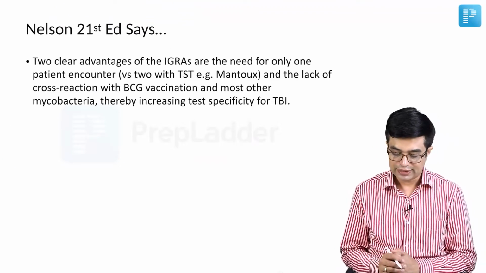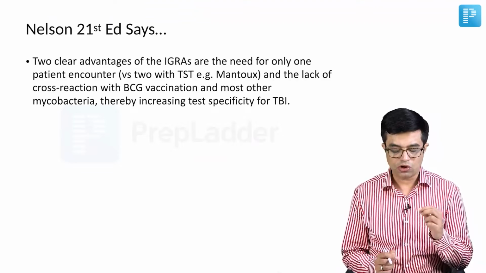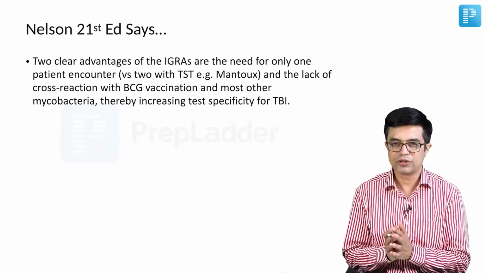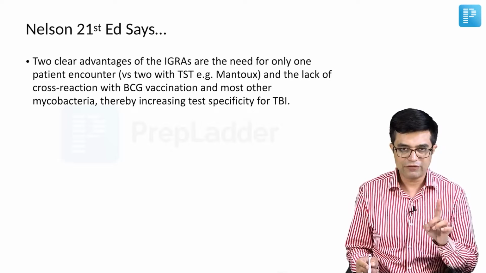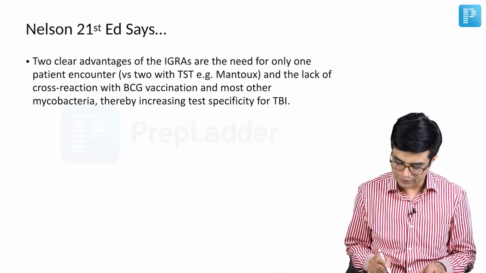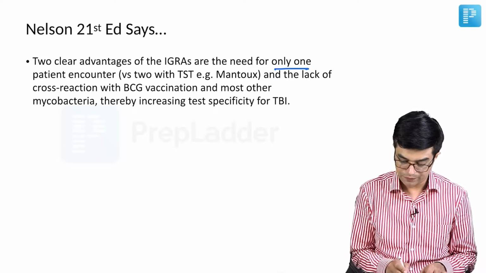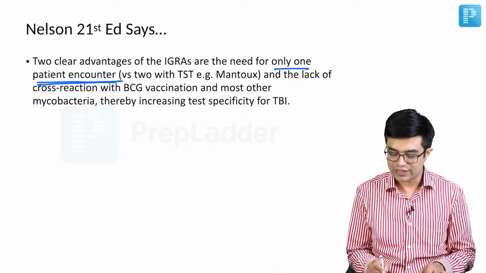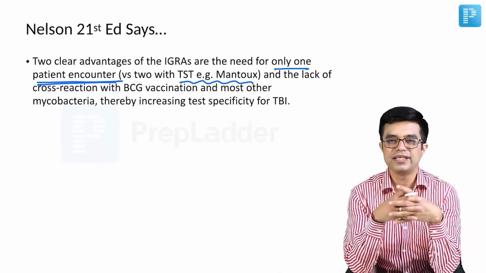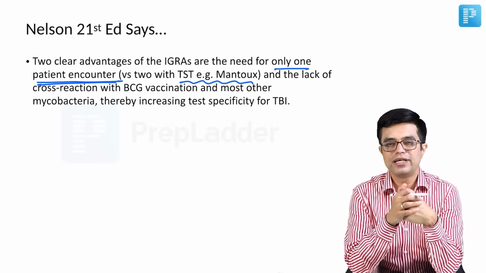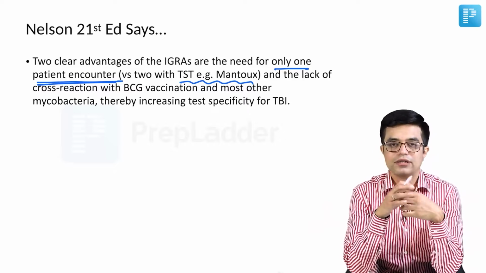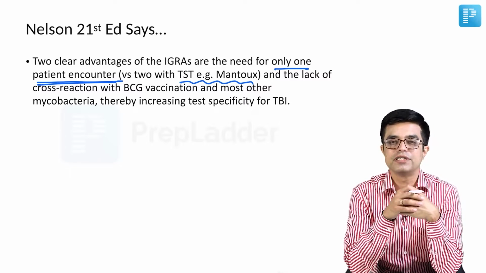Now, what does Nelson say? Nelson 21st edition says that there are two clear advantages of IGRA when you do it for tuberculosis, including abdominal tuberculosis. First is you require only one visit, so there is only one patient encounter. Remember that in the Mantoux test, like your typical TST, first you will give the Mantoux, then 40 to 72 hours later you will again check the patient for the induration and erythema which is coming.